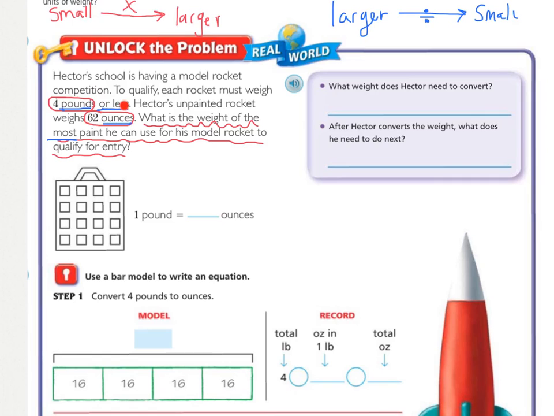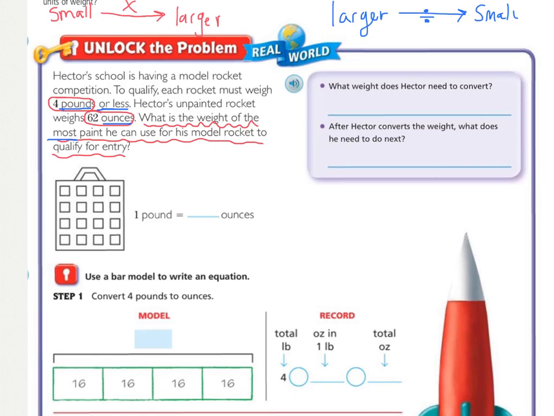And then I did or less, and with the word most, we need to know exactly what this 62 ounces needs to be 4 pounds. So that's a lot of work. We'll get through it, okay?